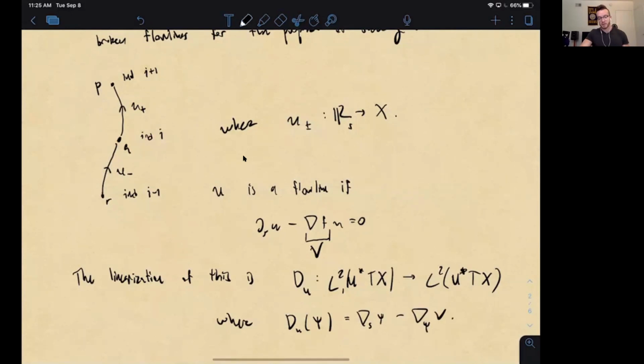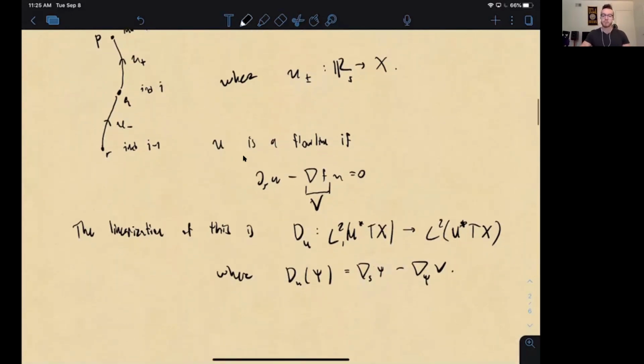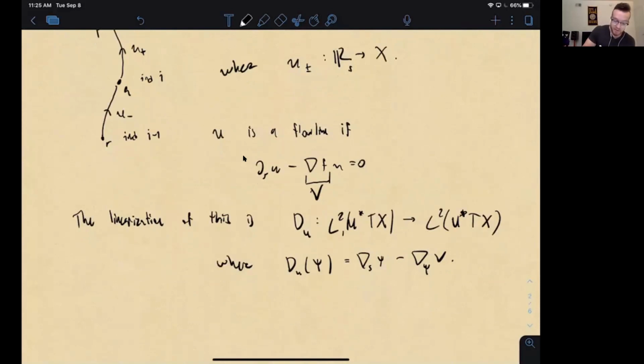And the remark here, which again will come up later and will be more important next week, is that because we are in a transverse situation, this gives us surjectivity of this operator. Flow lines cut out transversely.